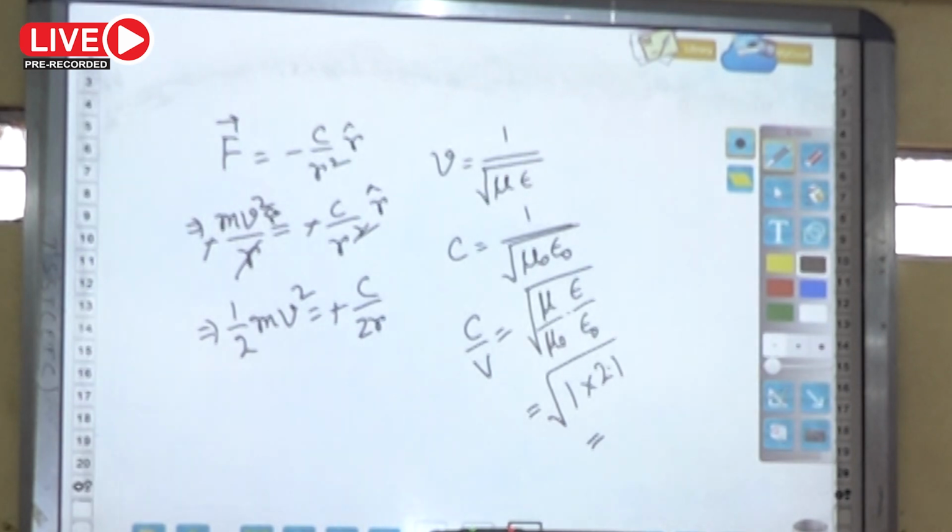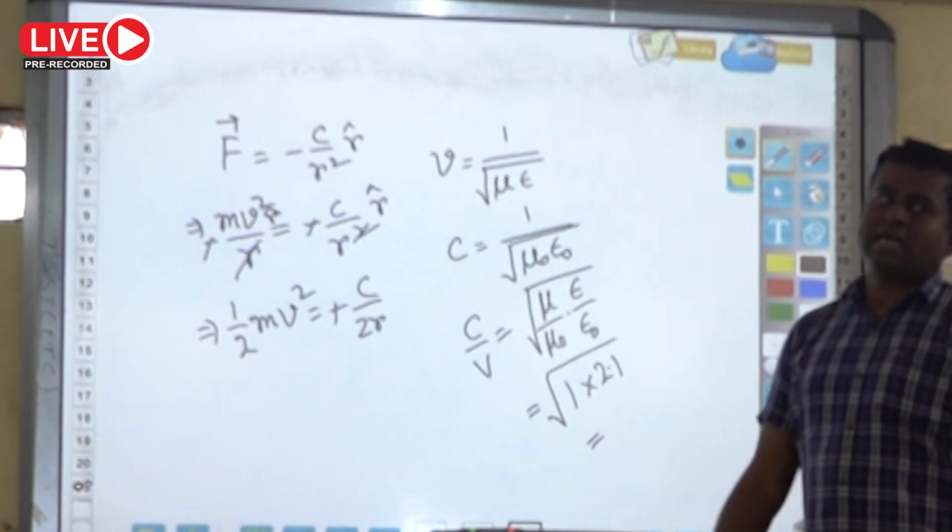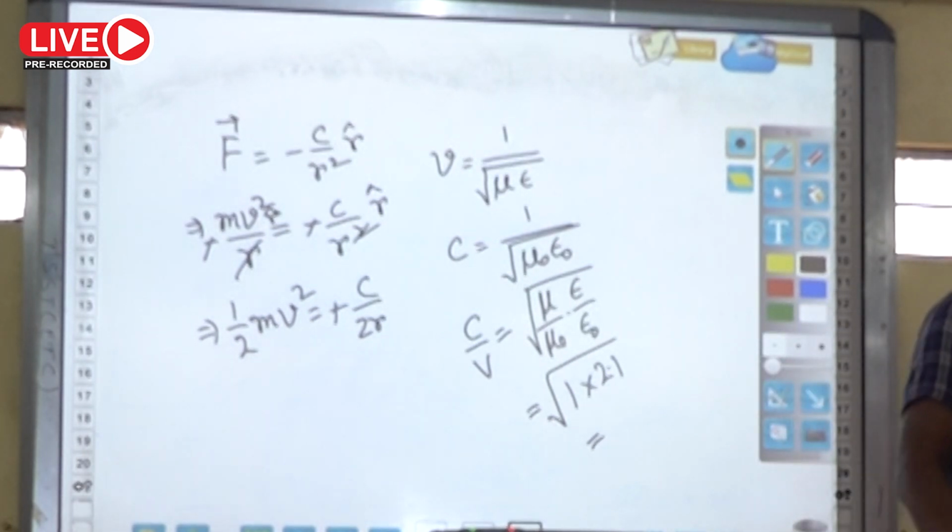But in the question it is written the total energy. Total energy or kinetic energy? Then first calculate kinetic energy, then calculate potential energy, and then add.